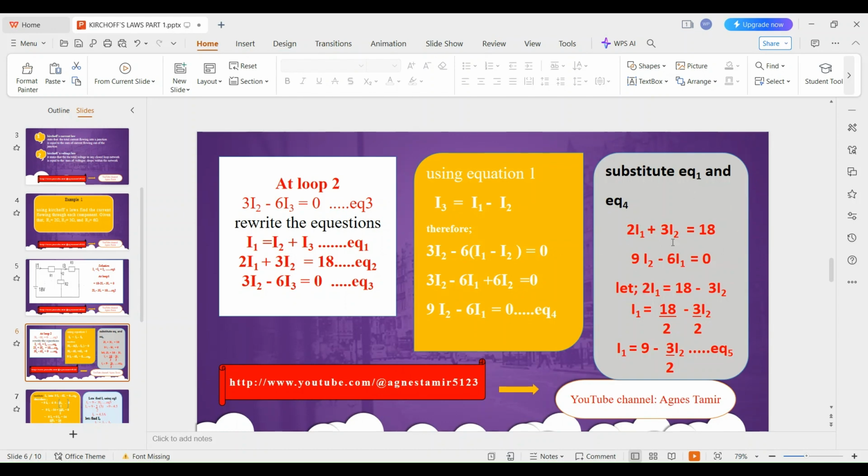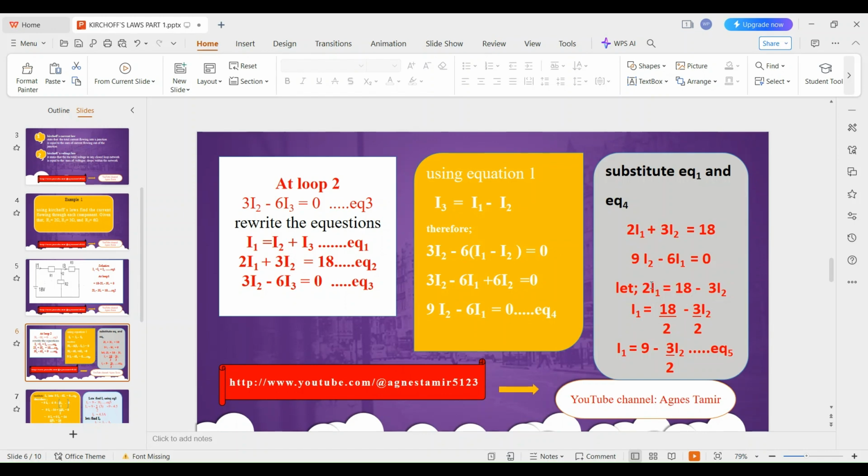Using equation 1, let 2I1 be equal to 18 minus 3I2. When you move positive 3I2 to this side, it will be negative. So 2I1 will be equal to 18 minus 3I2.